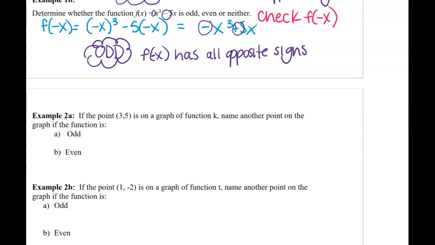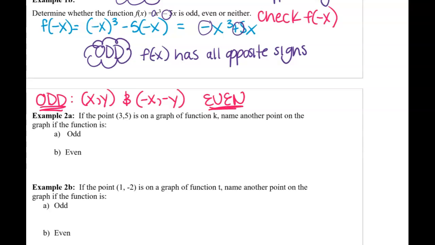Okay, so keep in mind, odd functions. This means that if you have the point x, y, you would also have the point negative x, negative y. So if you put in a negative x, you get a negative y. If you have an even function, you're going to have the point x, y, and if you put in a negative x, you'll also get y.